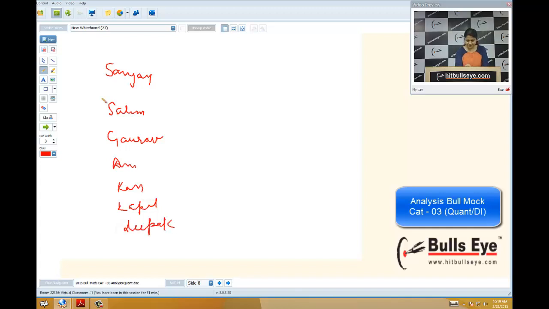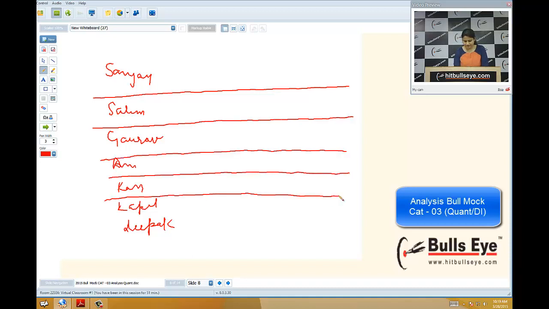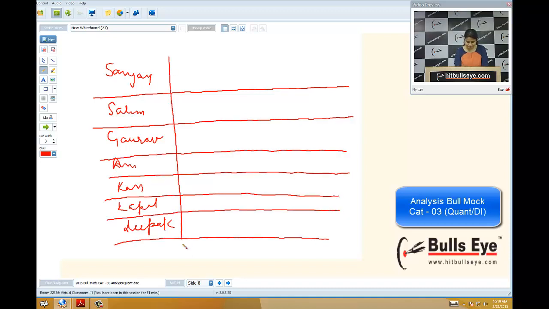By using the same technique, we can write the number of lines by them day wise. For example, for day 1, Sanjay will be 96. I'm copying the data actually. 56, 92, 80, 0 to 55.